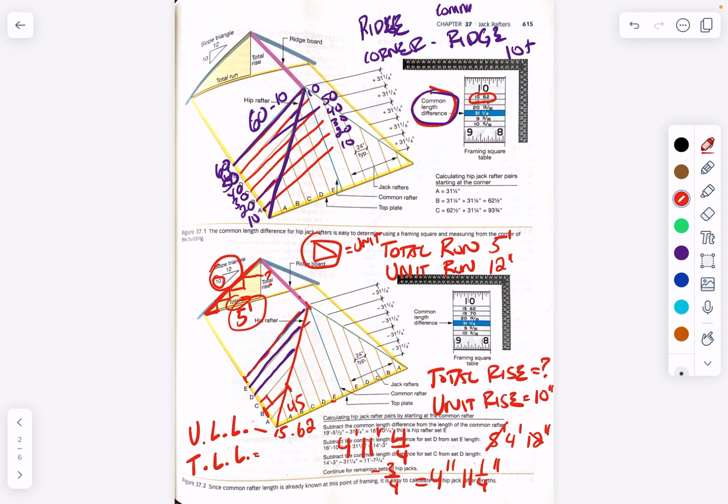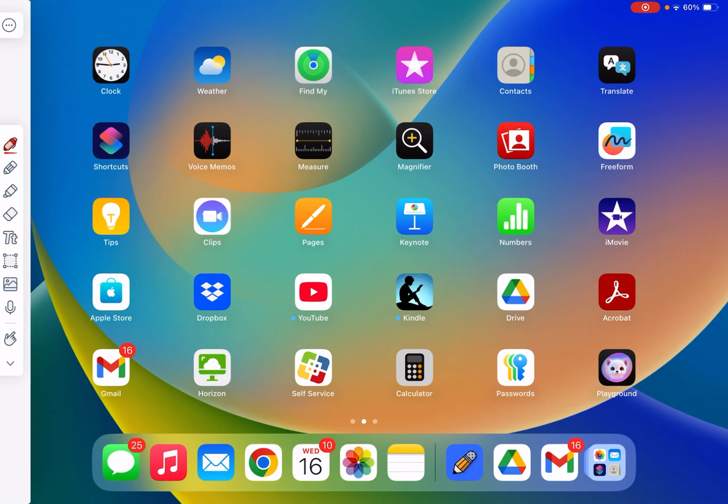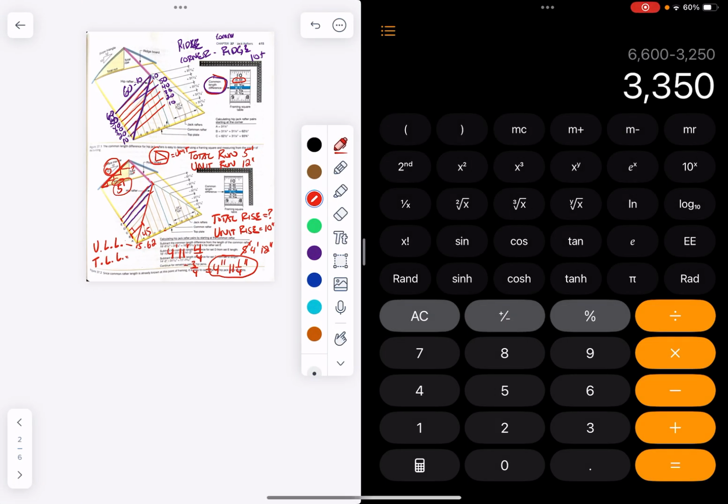And that was subtracting half the thickness of our ridge. So now we need to turn this into decimals of a foot. So to do that, we go to our calculator and we simply work from inches to parts of an inch to an inch to our feet.